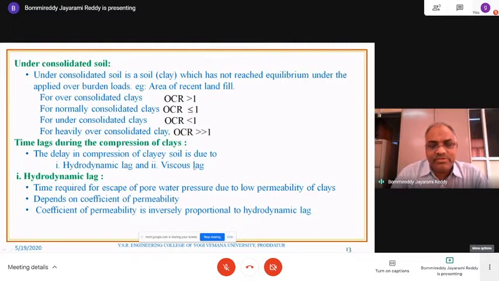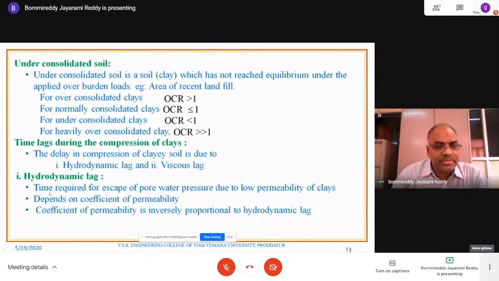Because of the shear deformation, the soil is going to compress. So the time for compression because of the viscous nature is called the viscous lag. The time required for expulsion of pore water from the soil is called the hydrodynamic lag.